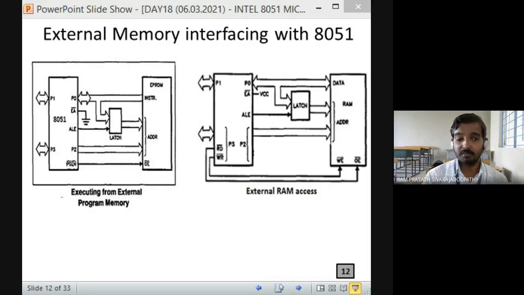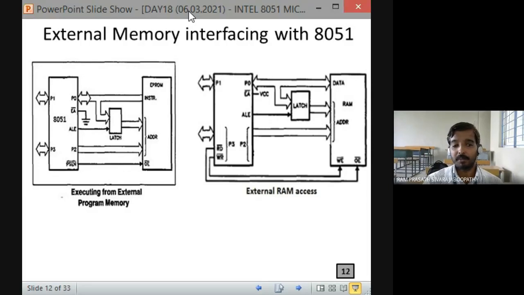Whenever your 8051 executes MOVX, it will try to access the data from external memory only. Clear? So here we have no hardware configuration to decide external RAM or internal RAM. Whereas in the case of program memory, you have a hardware configuration. Fine. I hope everyone understands up to this. Shall we move further?